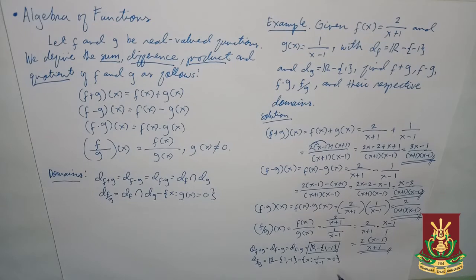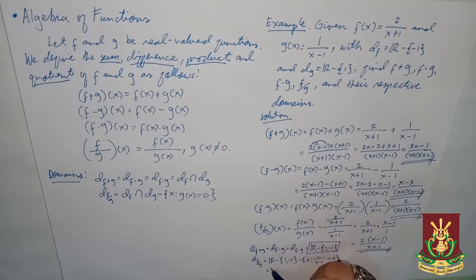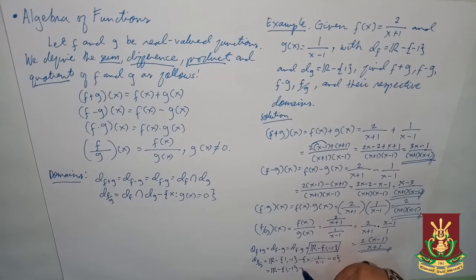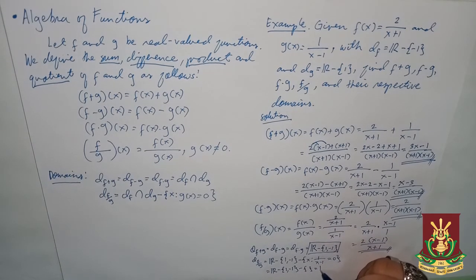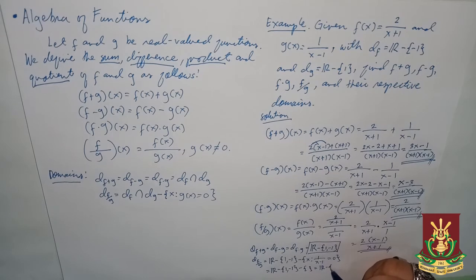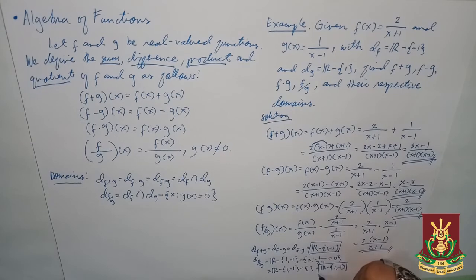However, notice that no value of x would satisfy this equation here. Thus, this is just the set of real numbers minus the set containing 1 and -1 minus the empty set. Moreover, we have the set of real numbers except for 1 and -1 as the domain of the quotient f over g.